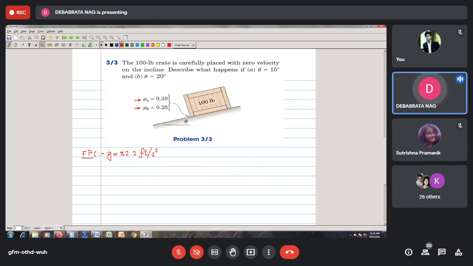It is my hunch that for the first case, theta equal to 15 degrees, there may not be any motion at all. So we would like to see what the angle of repose is, corresponding to mu s equal to 0.3.